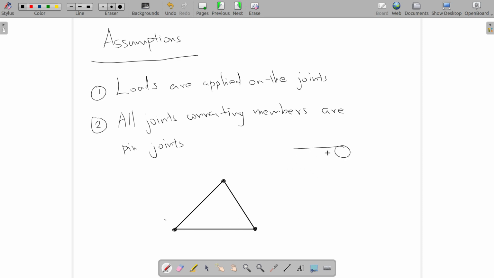So you essentially have some sort of mechanism to make sure that without friction you are able to rotate all these members. That is an assumption that we will make for the trusses.